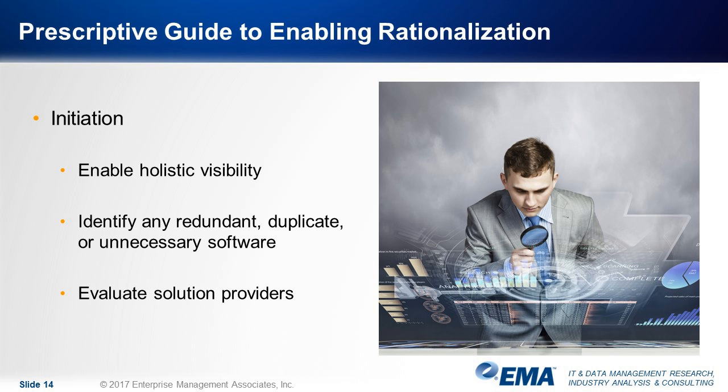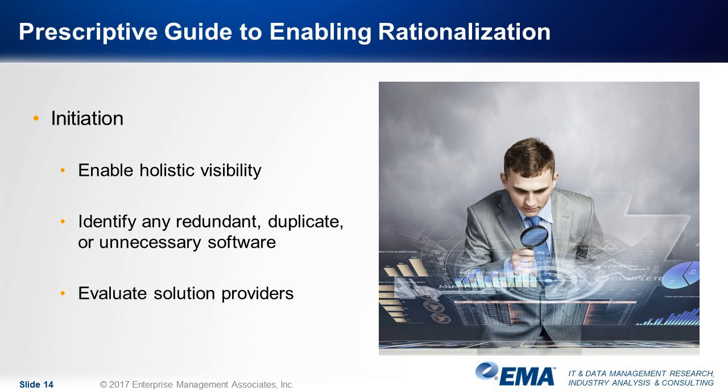Starting with initiation. This initial phase begins with defining the scope and goals of the rationalization project. Be very specific here. What are you trying to achieve? Is it cost reductions, service improvements, reducing management overhead? Carefully defining your expectations will help you obtain management commitment and the necessary funding for the rationalization project.